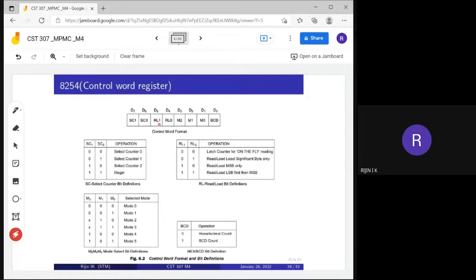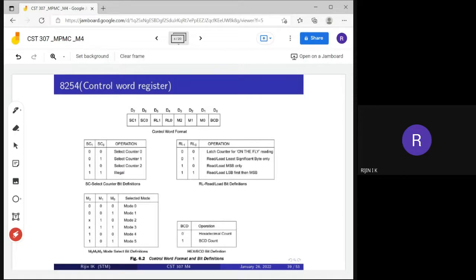The next 2 bits are D5 and D4, which we will call RL1, RL0. These 2 bits decide the type of operation, that means the read or load bit definitions.